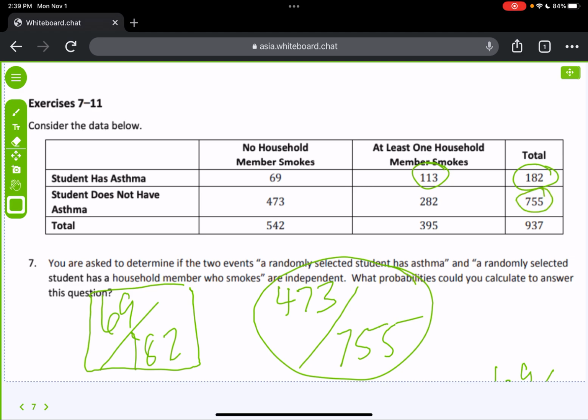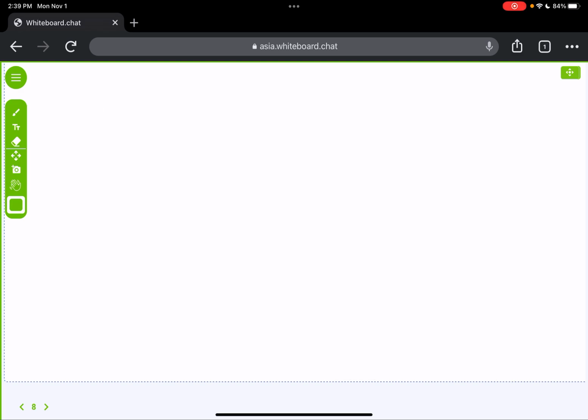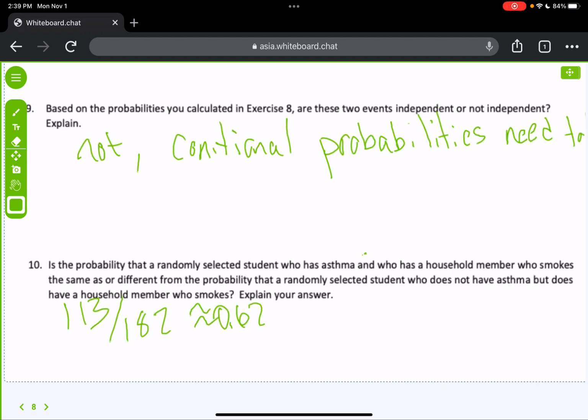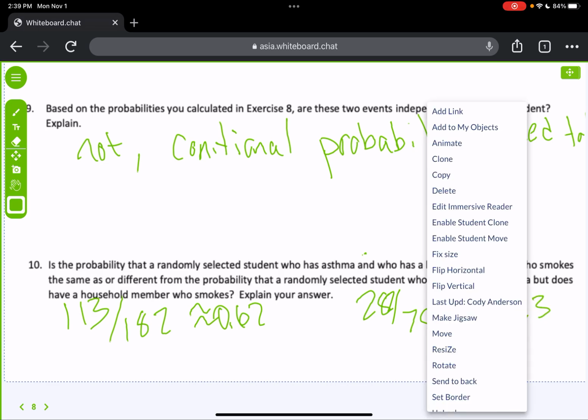And you're also looking at the ones that have at least one. Okay? So that's going to be 282 out of 755, which is about 0.37.